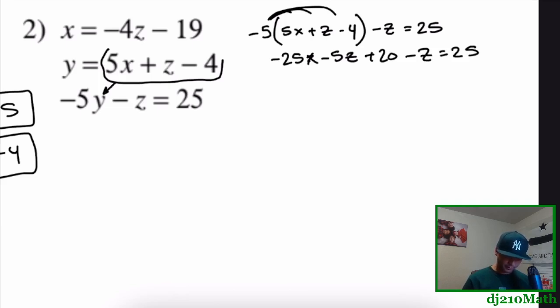Combining the things on the right, we have a z. Negative 25x, that's it. Negative 5z and negative z make negative 6z. I'm going to subtract 20 from both sides. So equals 5. All right, that's it.